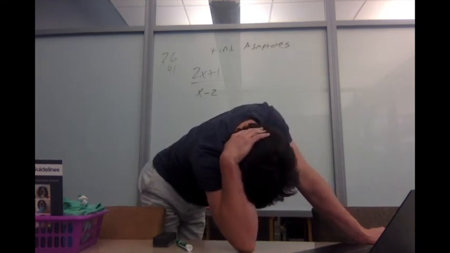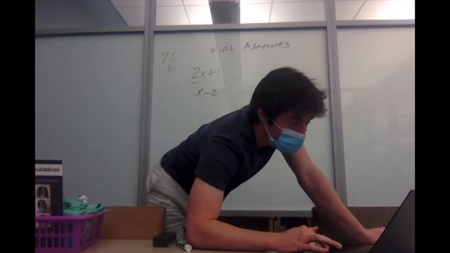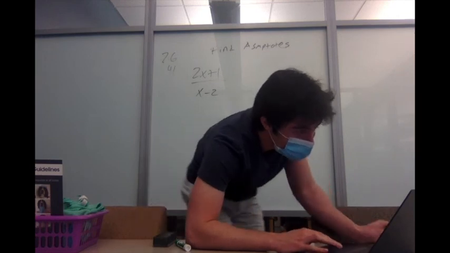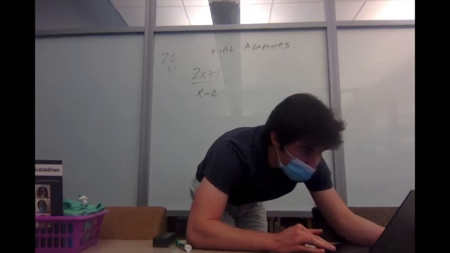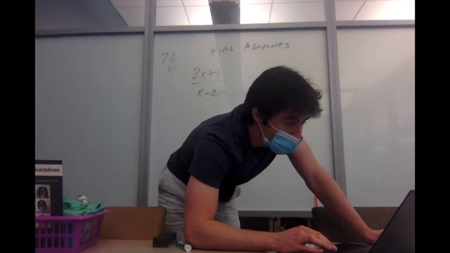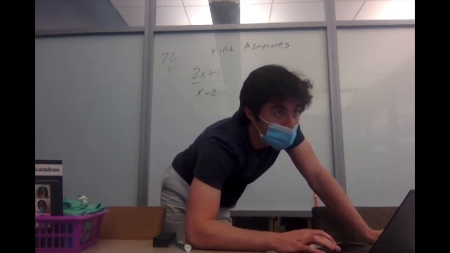Does anybody have their flashcards with them? I have a file on my computer. Set 3, I think. It says there's a vertical asymptote at 2 and a horizontal asymptote at 2.